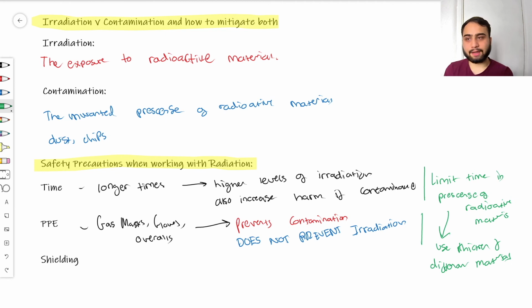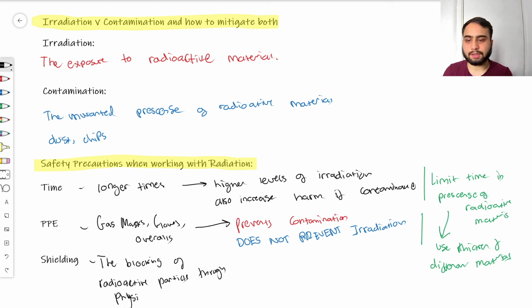Now the final thing is called shielding. So this is the blocking of radioactive particles through physical barriers.